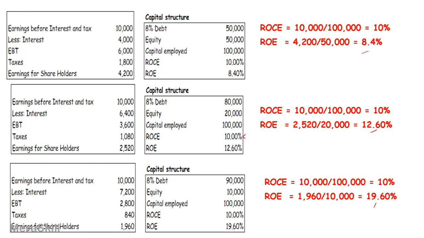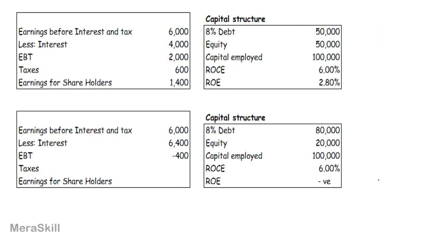This is leveraging. But understand, students, that when the earnings fall, the shareholders will face losses. Look at this. The earnings is only 6,000, less interest of 4,000. Earnings before tax 2,000.